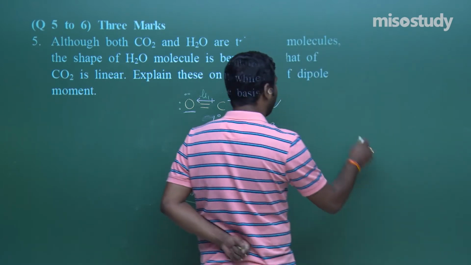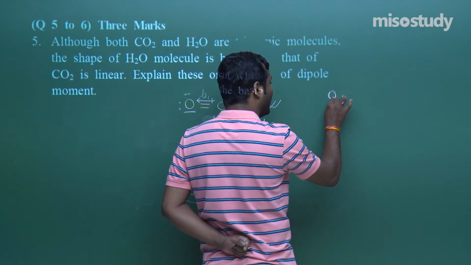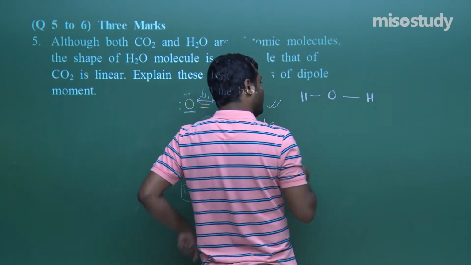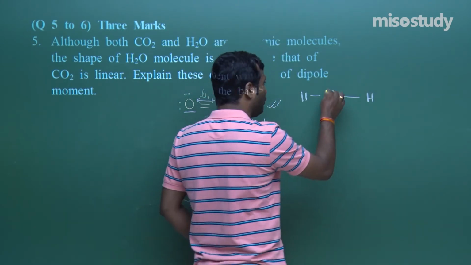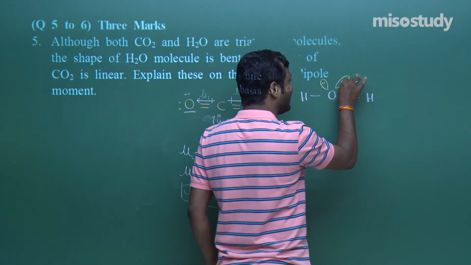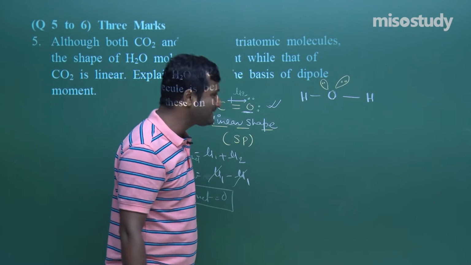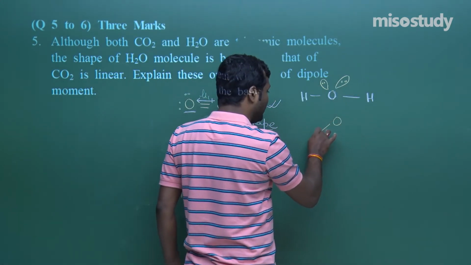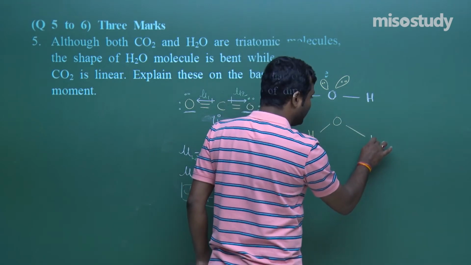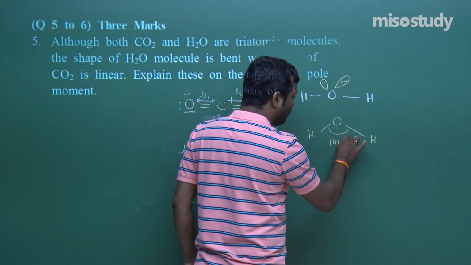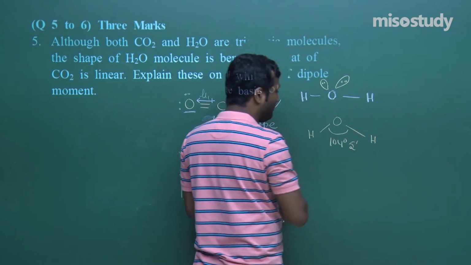But if I talk about H2O, people draw the structure of H2O like this. It is correct, but in H2O there are lone pairs of electrons. Due to this reason, lone pair repulsion comes like this, and the bond angle decreases to 104 degrees 5 minutes.